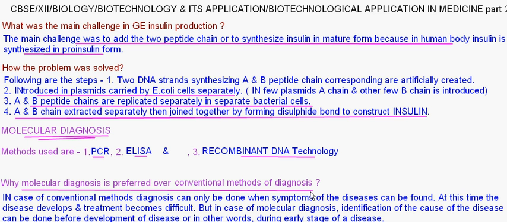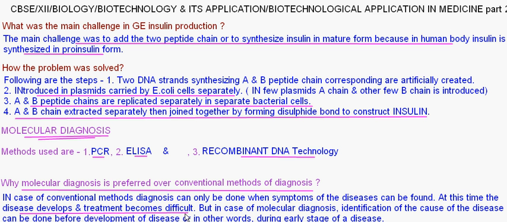Once the symptoms are developed, then only identification of disease is possible. But at this time, the concentration of the pathogen increases. So the disease develops and the treatment becomes very difficult. But in case of molecular diagnosis, identification can be done when the pathogen concentration is very low.